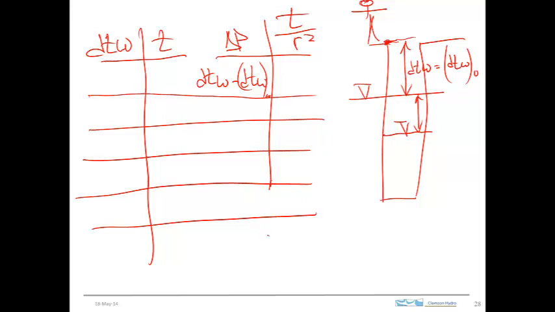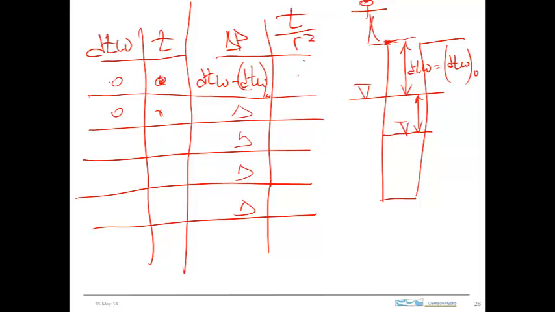Okay, and so if we have something like this, we've got our data set up in a spreadsheet, say, or at least we can just think of it as at this time we have this drawdown and so on. Then we convert the data from depth to water to drawdown by simply subtracting off the initial depth to water. So that would be what we would have here in this column. And then in this column, we just simply take the time that we measured. Well, this would now be elapsed time, so this is since the pump was turned on.